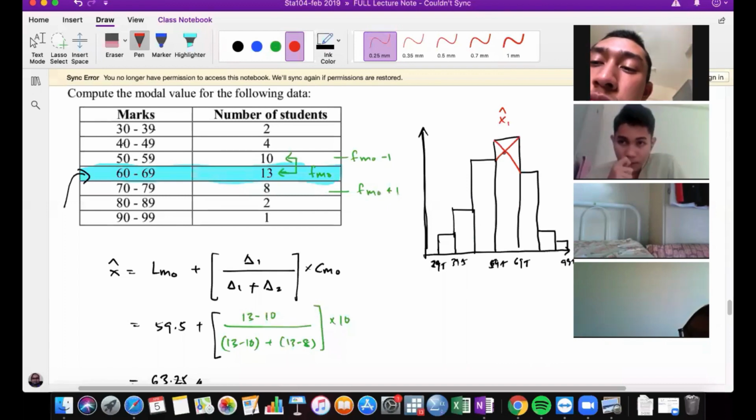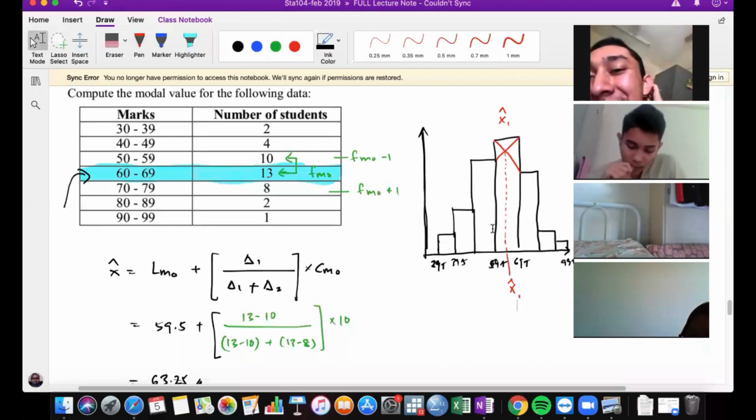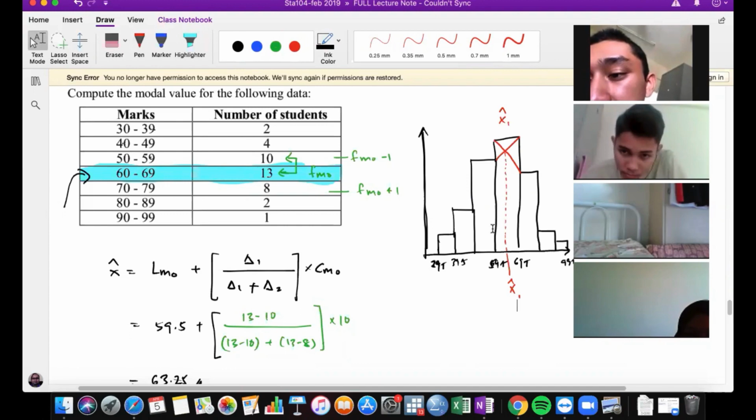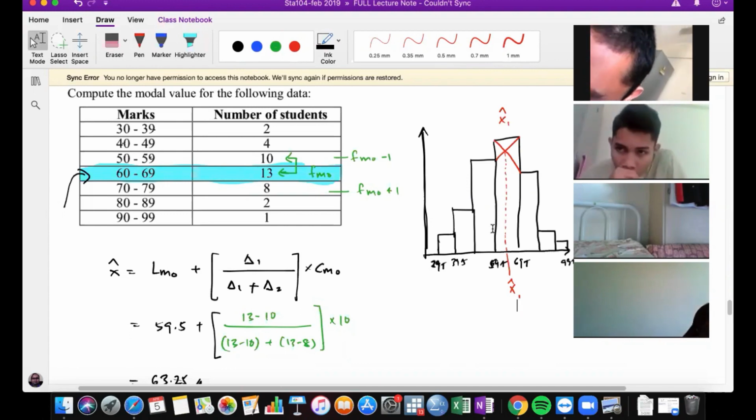The intersection is your mode. So this is how you find the mode from a histogram. That's why I require you to draw a proper histogram with a proper measurement scale.